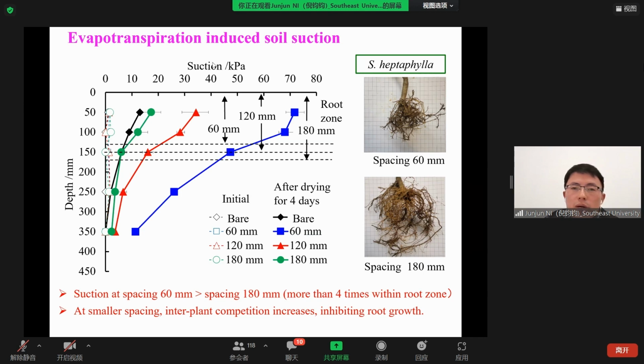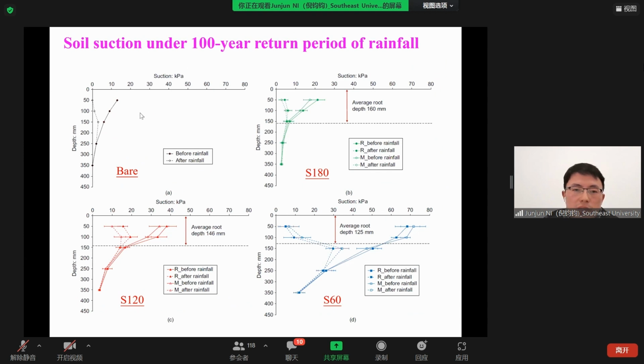For example, we apply the 100-year return period rainfall at that time. We can see that the solid line represents before rainfall, okay? And the dashed line represents the suction distribution after rainfall. You can see that for the dense case or the medium spacing case, the remaining suction is much higher than the bare case.